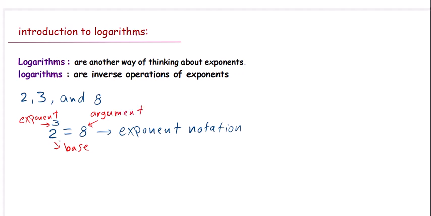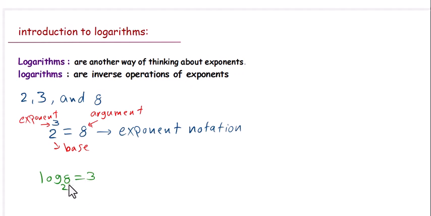Another way to write a mathematical relationship using those three numbers is using logarithms. It means if I have log to base 2 of 8, that will be 3. And that simply means 2 to the power 3 equals 8.